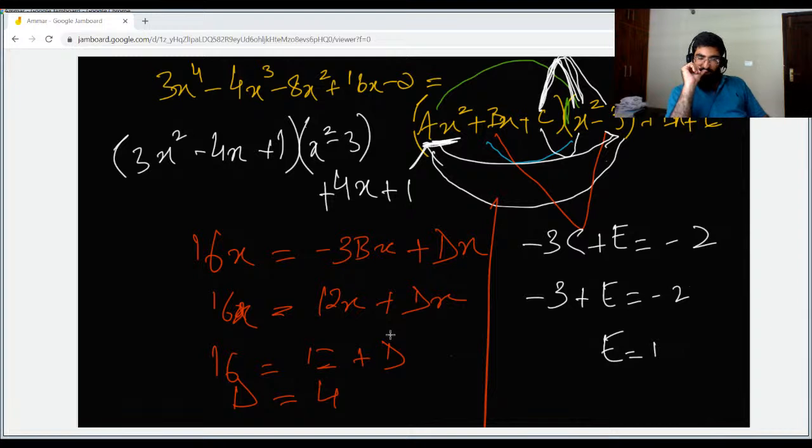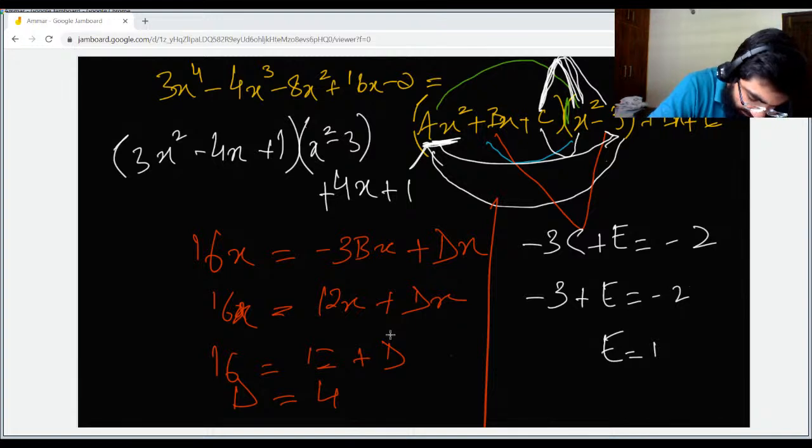So instead of thinking of it as getting values for a, b, c, d and e, think of getting values for x4. What product or addition would get me x raised to the power 4? For example, if I get ax squared multiplied by x squared, I simply ignore dx and e.